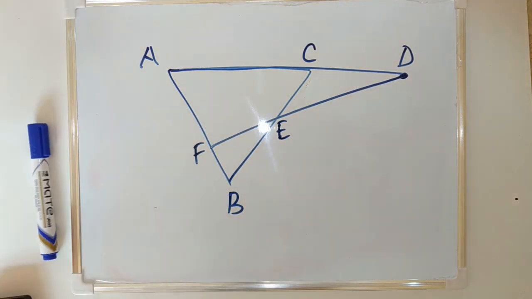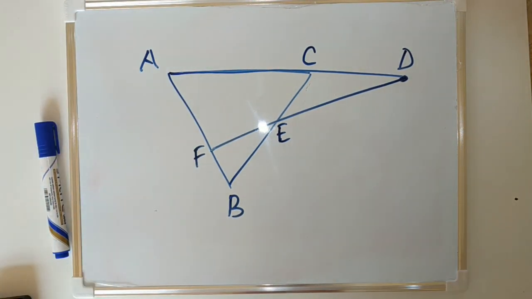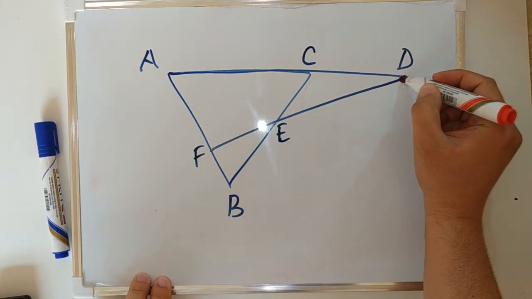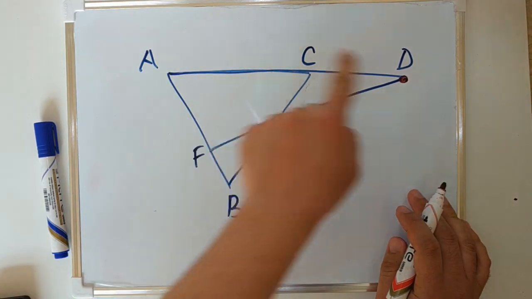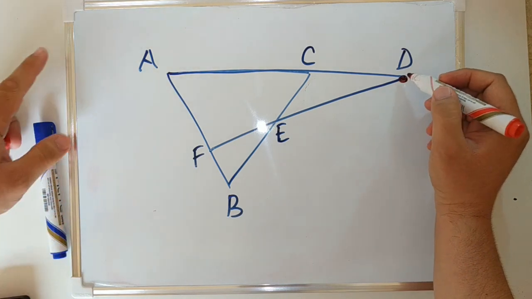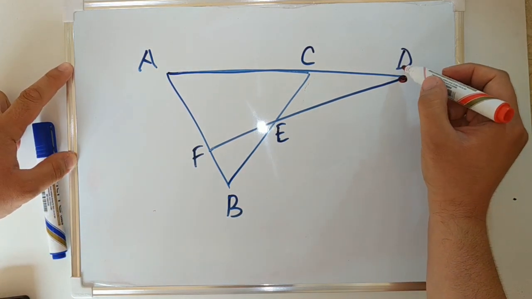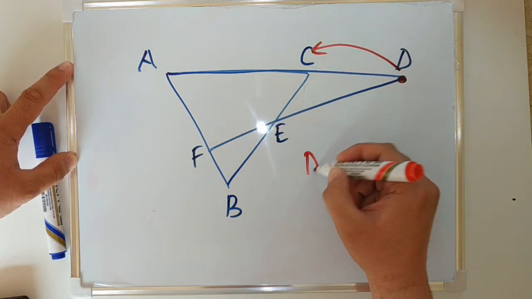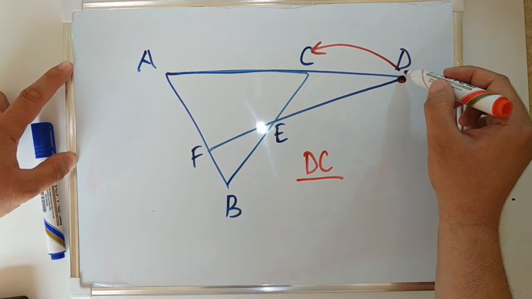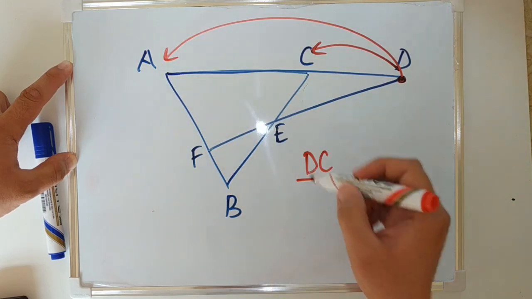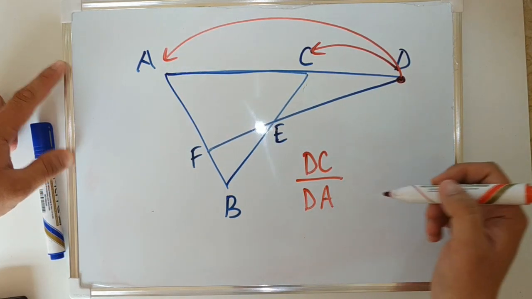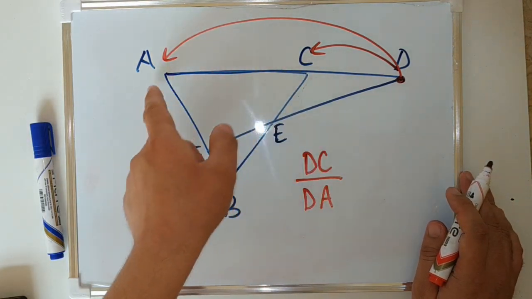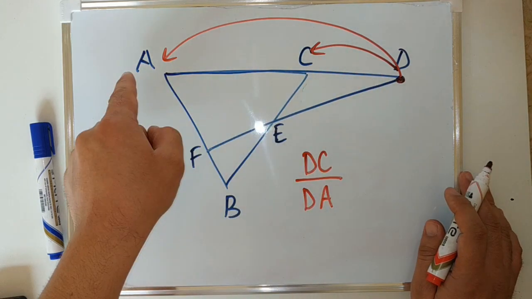So the Menelaus' theorem tells us from this point, because we have extended AC to AD, I'm going to go from D to C first, which is DC over, and from D to A, DA. Be careful, not DC over CA, DC over DA.